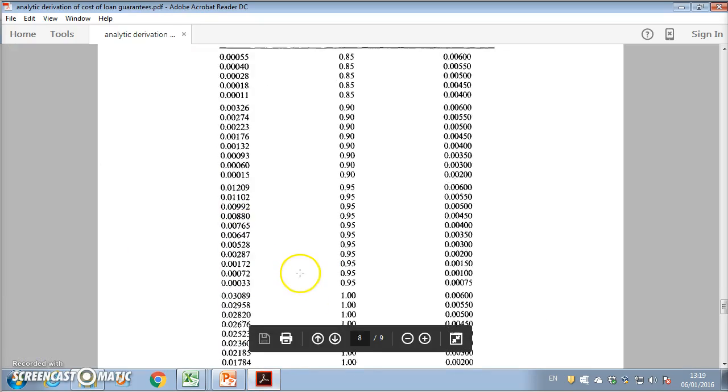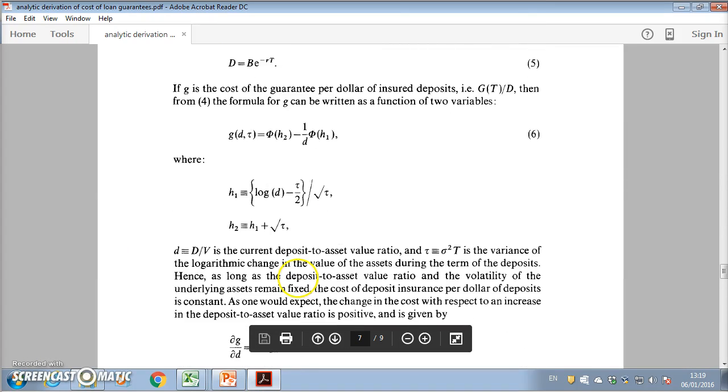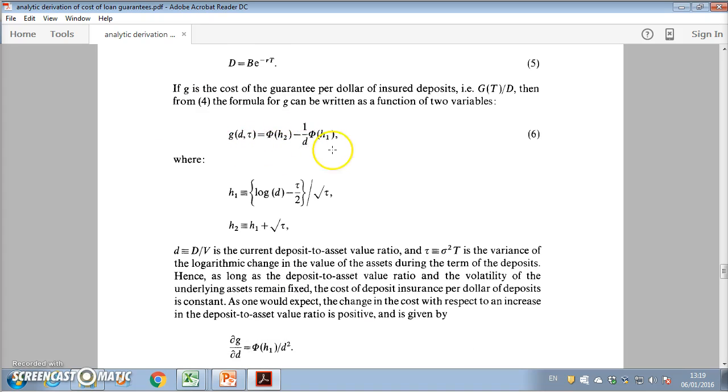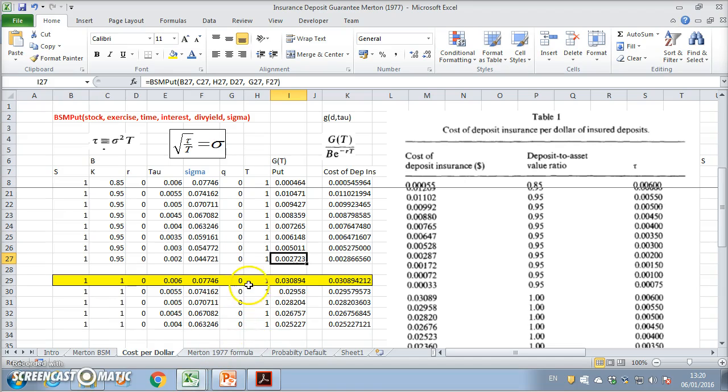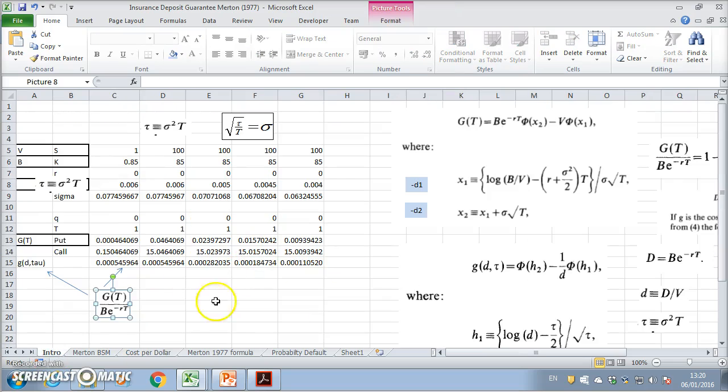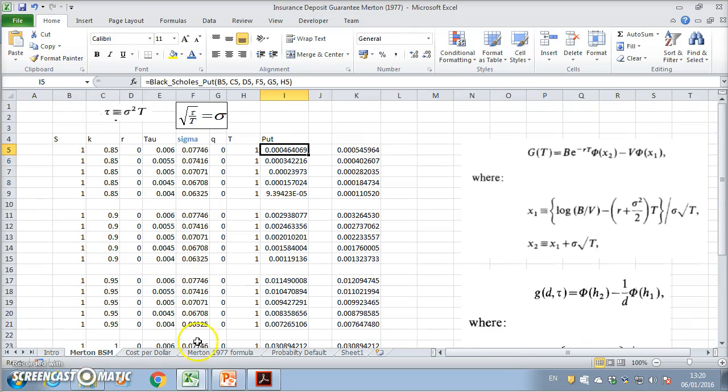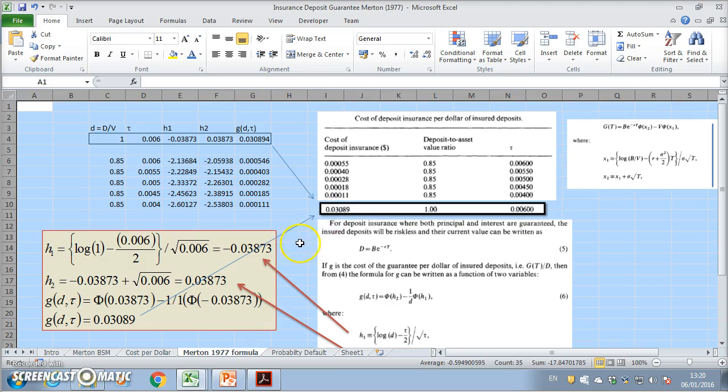I want to go back to the formula I set out here. When we represent the guarantee with this type of formulation, how do we implement this? I go back to the spreadsheet, go to the insurance deposit guarantee, and come to this example here.